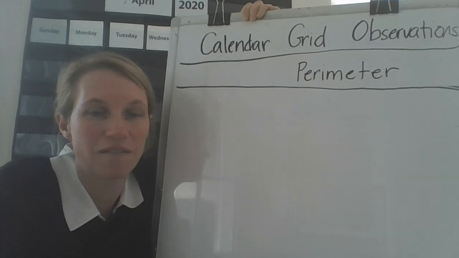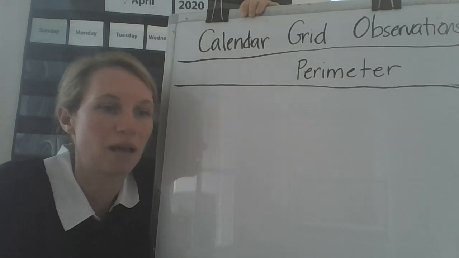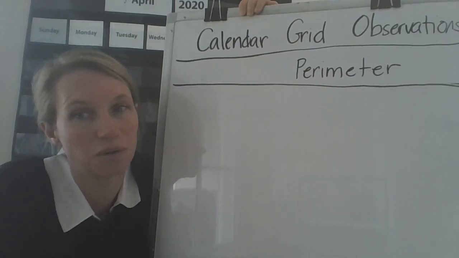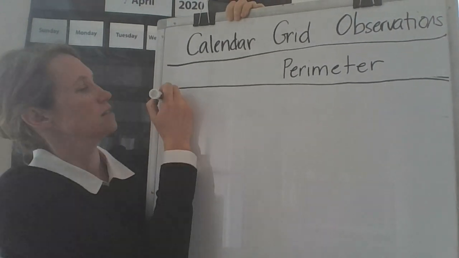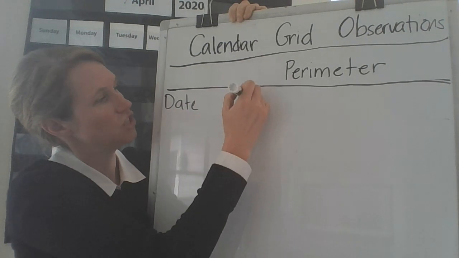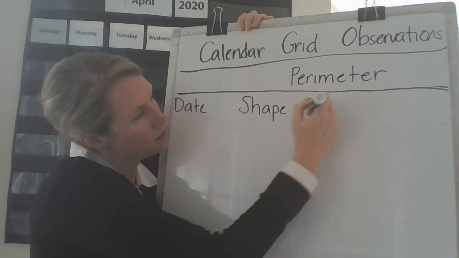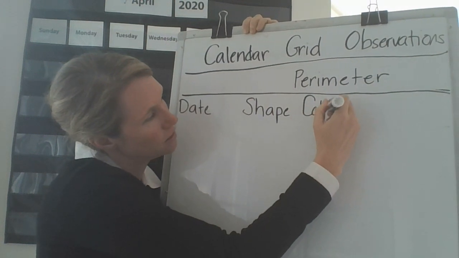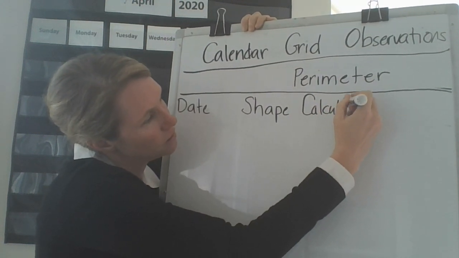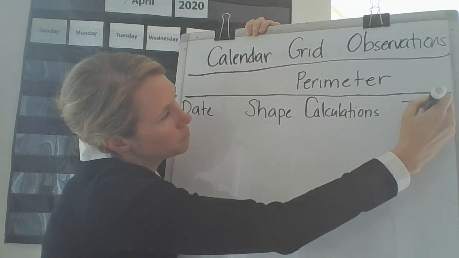Next, we're going to do our final phase, and we're going to write the words date, shape, calculations, and total. Watch. Starting with date, then shape, calculations, total.